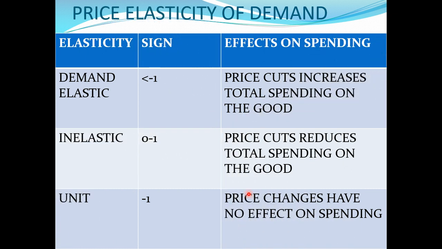Okay, so here is something that more or less summarizes what I've been talking about. We say that demand is elastic if we have a number which is more to the negative side of -1.